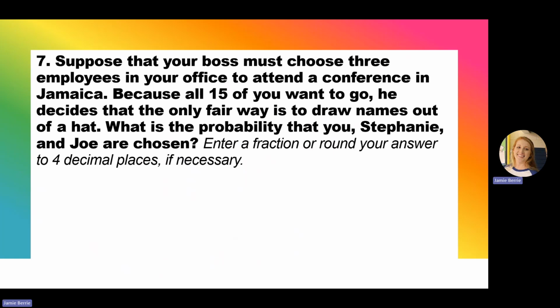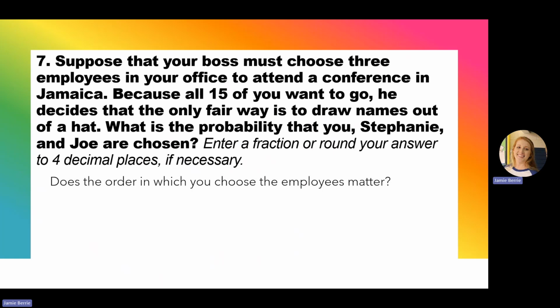All right, so let's think about this. Do you think that the order in which you choose the employees matters? Does it matter if you choose Stephanie first, or if you choose Joe first, or if you choose you first? Do you think that matters? No, you're all going to get to go on the trip. It's not like the first person that gets chosen gets first class and the second person that gets chosen gets business class.